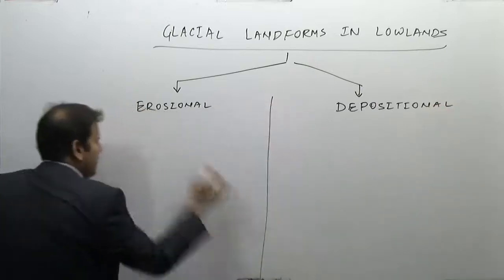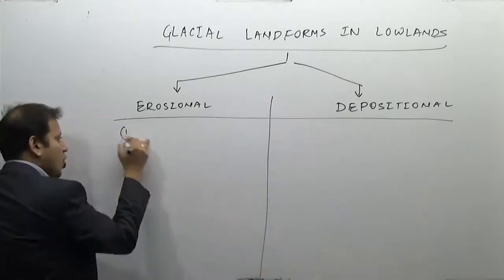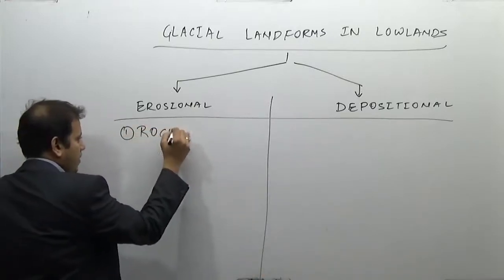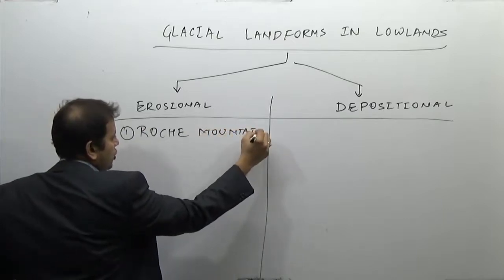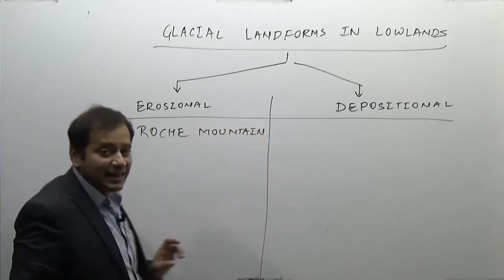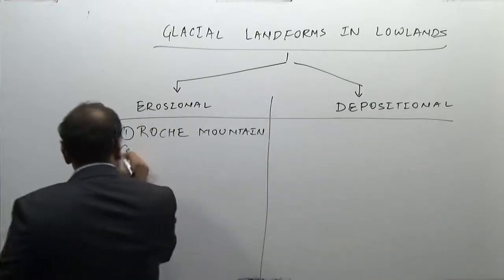In the erosional landforms, we are going to study two kinds of landforms here. One is Roche Mountains, and the other one is crag and tail topography.